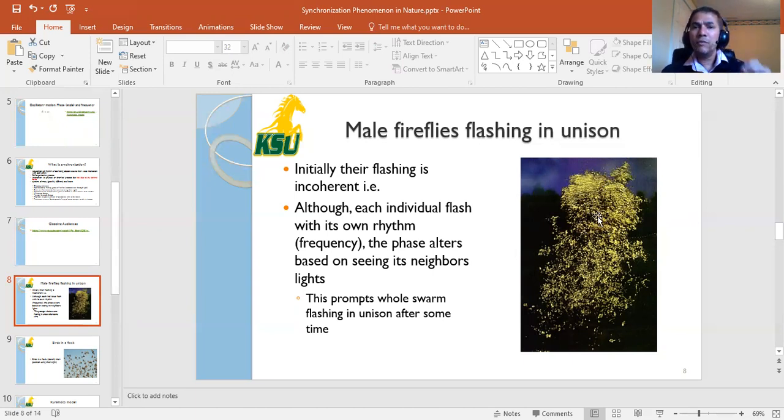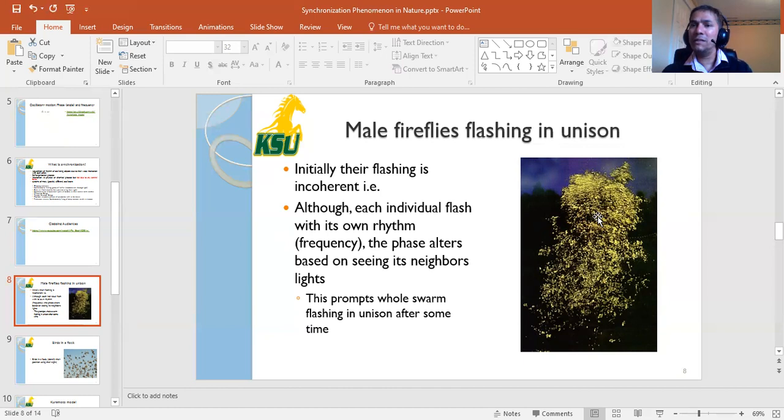So they start flashing. At the beginning, their flashing remains totally incoherent. They are not catching any rhythm, but after a certain time, their flashing becomes synchronous. They are flashing at an equal interval of time.